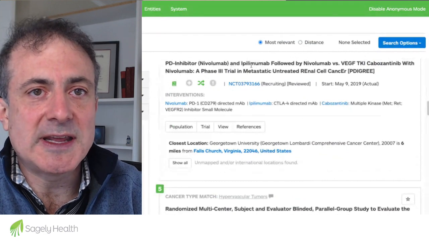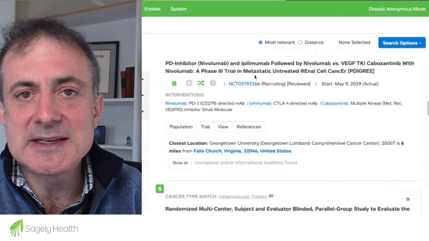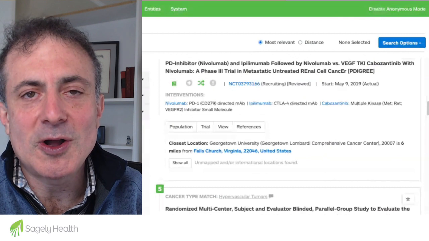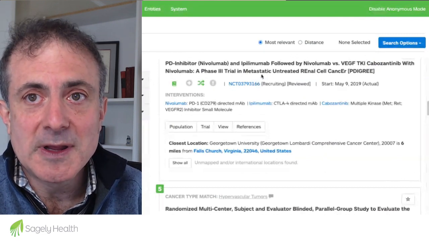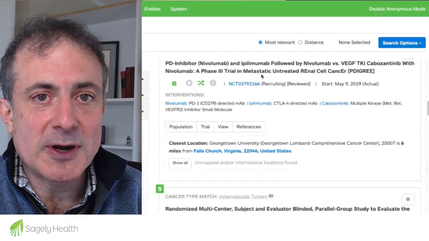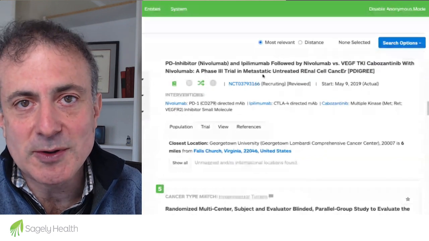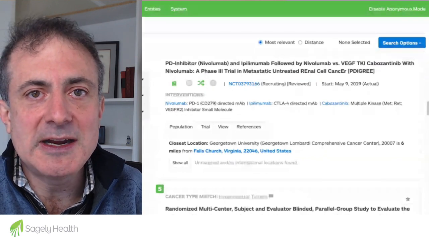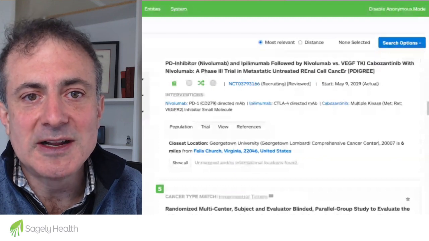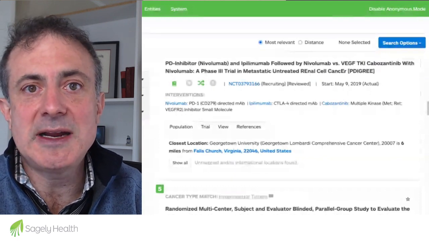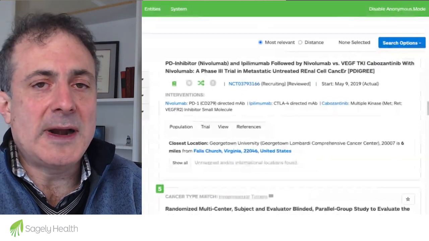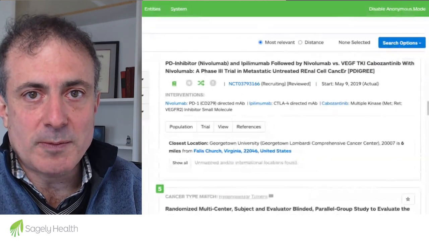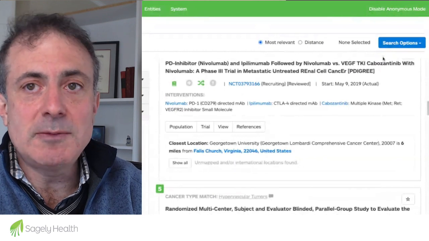The very interesting thing is that ipi-nivo, as it has come to be called, is strictly immunotherapy. Nivolumab is immunotherapy. Ipilimumab is also immunotherapy. And what they're looking at in this trial that I'm showing is combining these two to try to do better. Now, already we know that immunotherapy works, and it also works with chemotherapy.